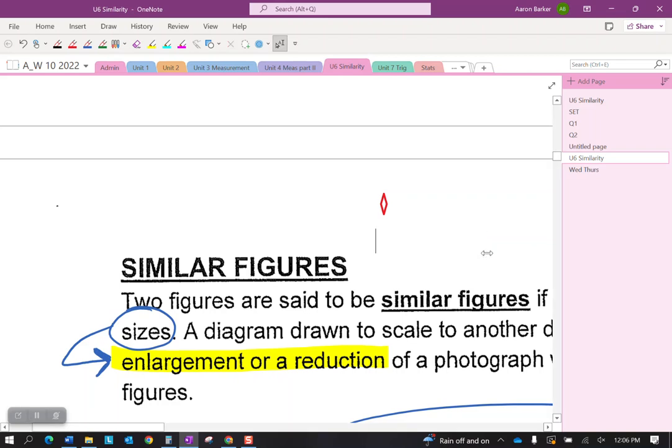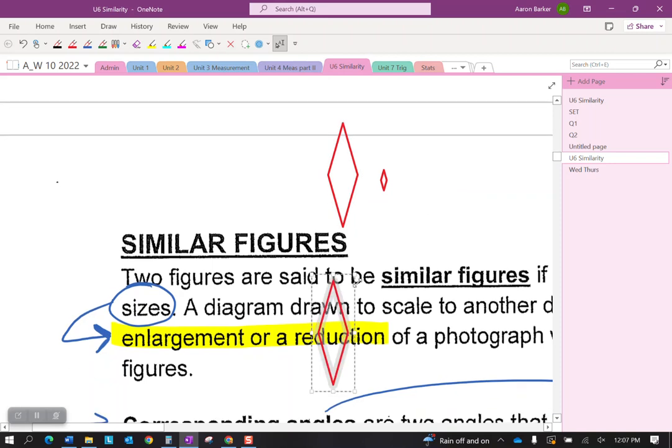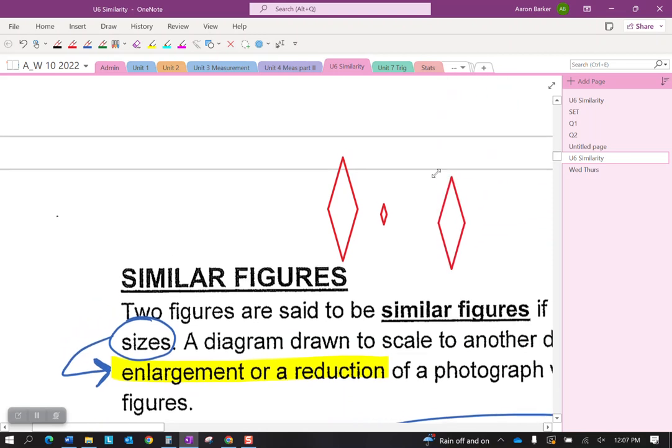Okay. But if I pull it right, now it's increasing proportionally. So all the angles are the same, it's just the sides are longer. Okay. If I copy this one, I can now have the exact same shape, and I can do a similar shape just by shrinking it or making it larger.